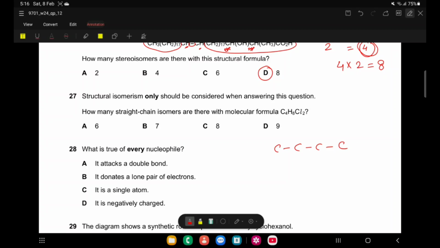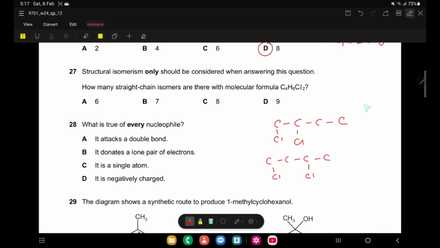Now, chlorine at 1 position and 2 position, 1 position and 3 position, 1 position and 4 position. In total 4.